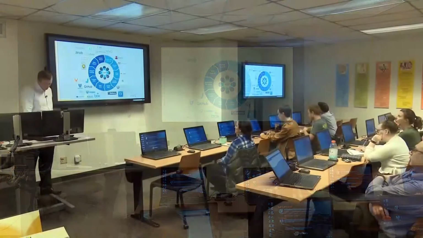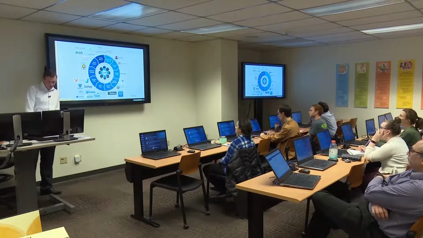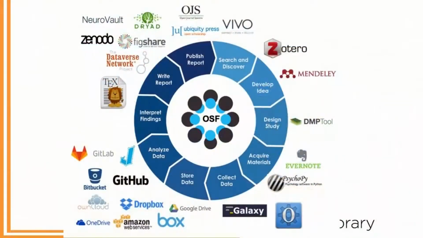Yeah. Okay. So with the understanding that OSF is meant to fit into your existing workflow, one of the major ways that it does that is to connect to services that you already use. And one of the major sources of loss and error is transitioning between services, right? So you have your initial thoughts on something that might be in an email or a notebook, or you wrote it down somewhere.